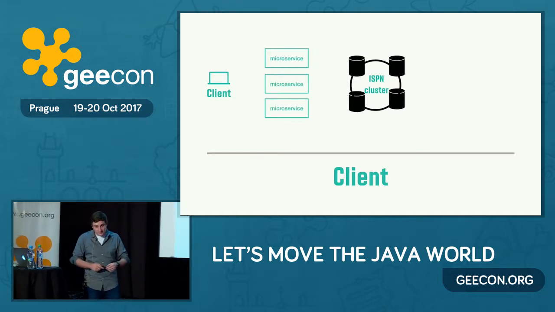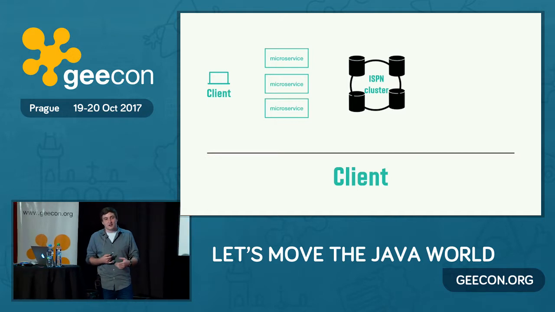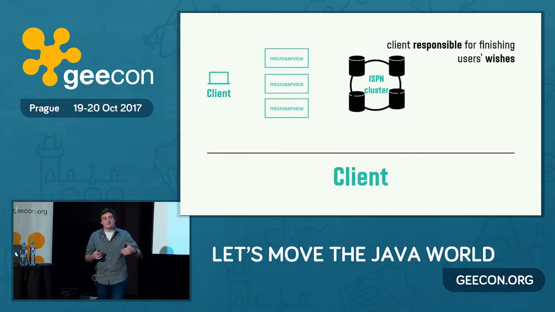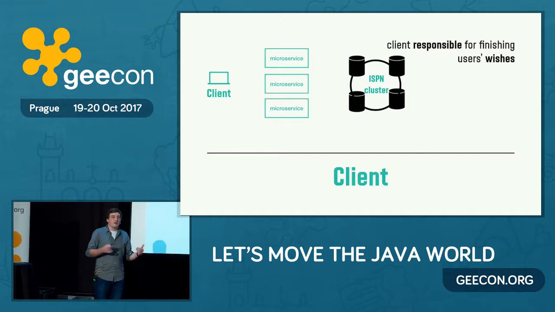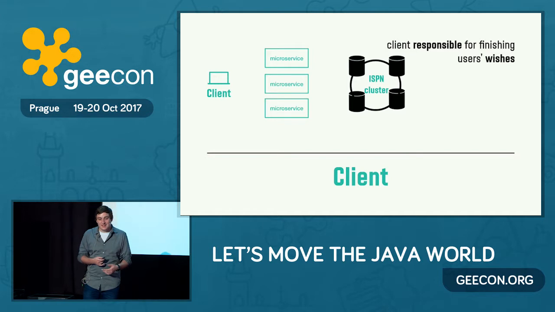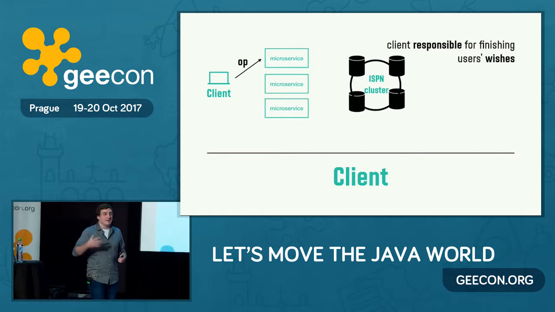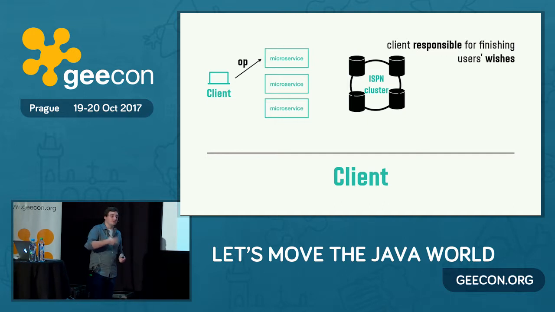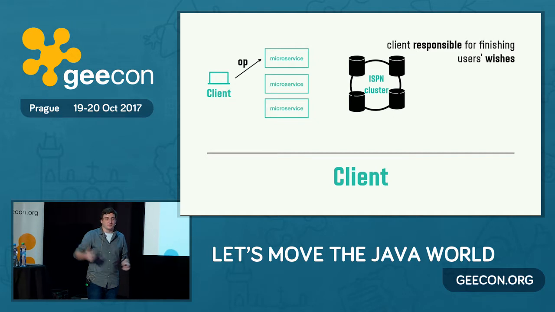microservices. And in this kind of scenario, what we are doing on the on-site deployment side is that we hold the client responsible for finishing the user's wishes. What does it mean? It basically means that if the user wants to work with your software, it will usually generate some requests, some operations to the server side, to your microservice.